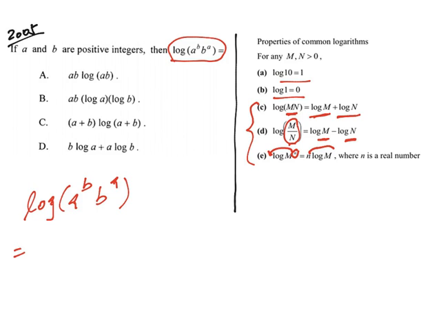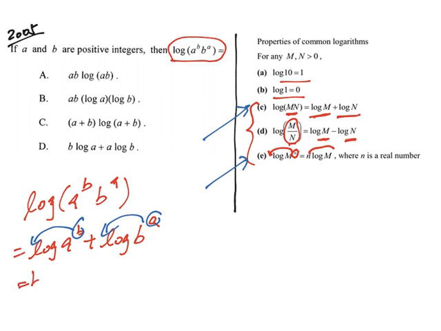That means we can apply the times property, so it becomes log a to the power b plus log b to the power a. Next, we can apply the index property. That means we can move the index to the front, like this. So it becomes b log a plus a log b. So the answer is D.